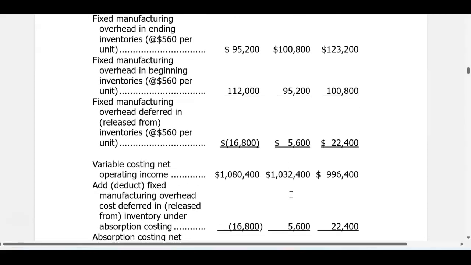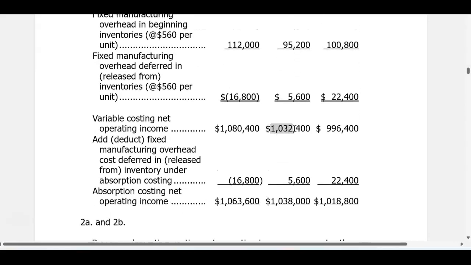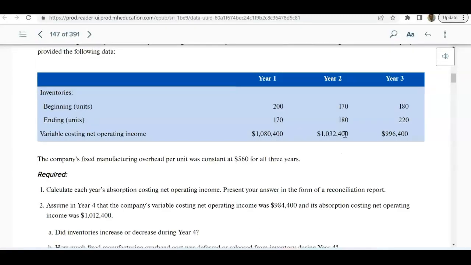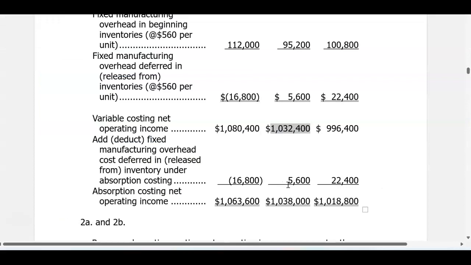But under variable costing, it is expensed already. So remember I said under variable costing, if you produce more, you sell less, your net income will be less. Okay, here we go. Under variable costing, we have $1,032,400, which is coming from here. And we have $5,600 absorbed under absorption costing in the ending inventory.